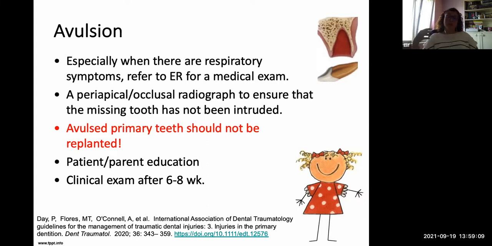So we have to ensure that the tooth is not totally intruded. If we confirm the avulsion of the tooth, the avulsed primary teeth should not be reimplanted. This is the most important thing to consider, because unlike permanent teeth, avulsed primary teeth should not be replanted due to infections, patient cooperation, and difficulty making splints at those ages.